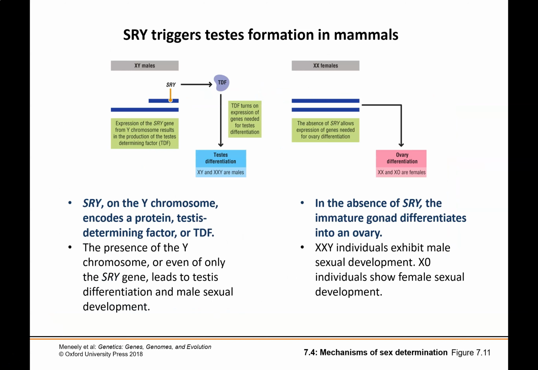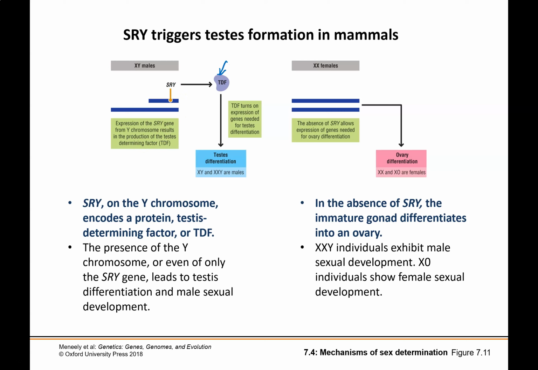As I said, that SRY region is really important in male development, and that's because it triggers the development of testes in mammals. So we've got a little diagram here that shows the difference between males and females. I already talked about this a little bit, but basically this SRY gene produces something called the testes determining factor.